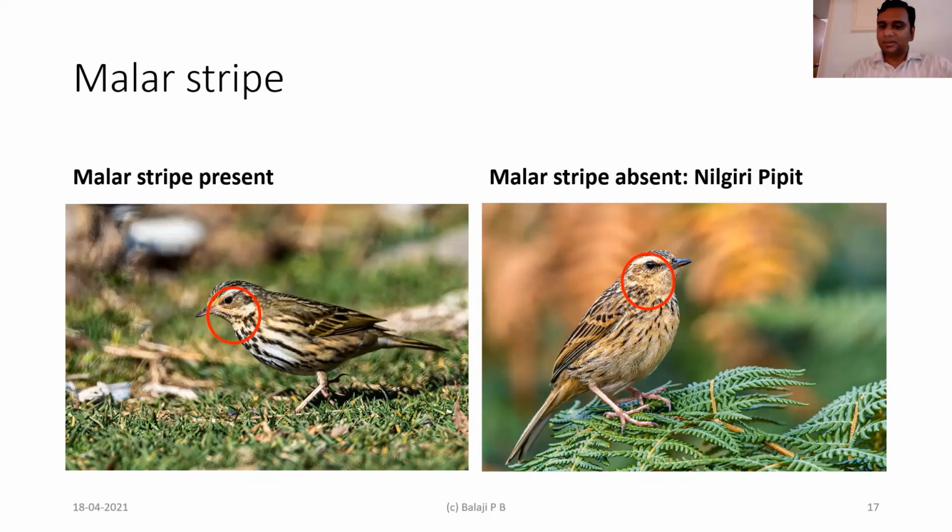The other aspect, of course, is that the coloration is very unique. Nilgiri pipit, it's unmistakable. It has extensive streaking on the chest. The bill is completely black, whereas in the olive-backed pipit and the other pipits, it'll be in dual tones. The top will be dark, the bottom will be pale. So if you see a pipit which does not have a malar stripe, you can be very sure that it is a Nilgiri pipit.